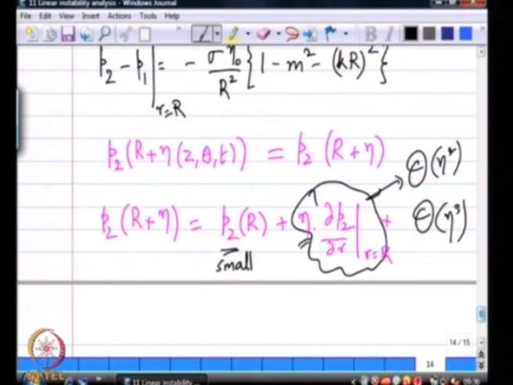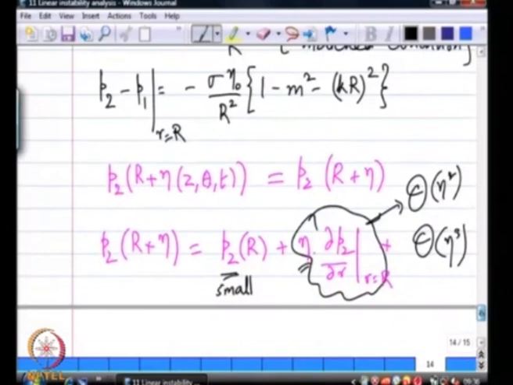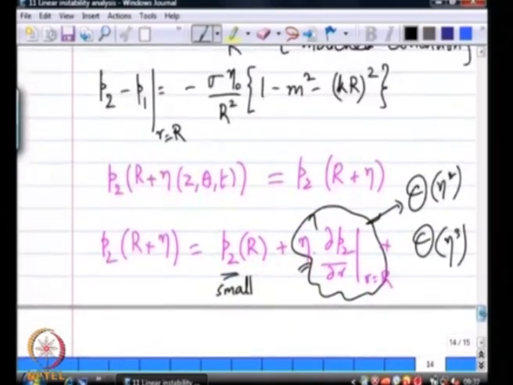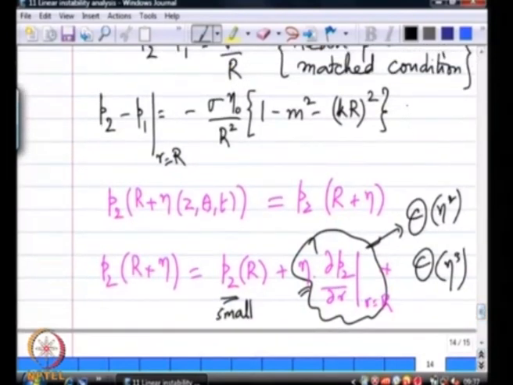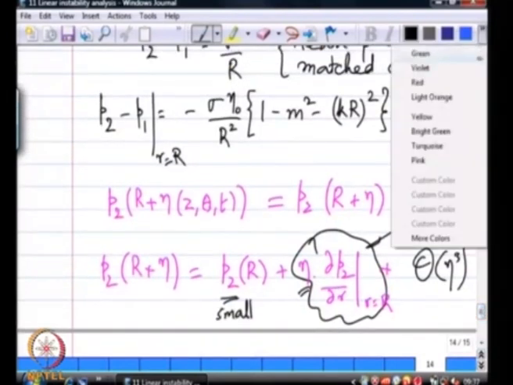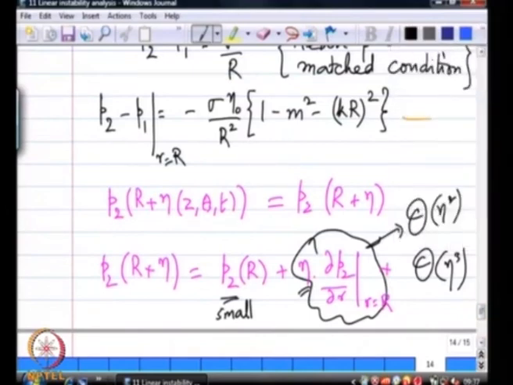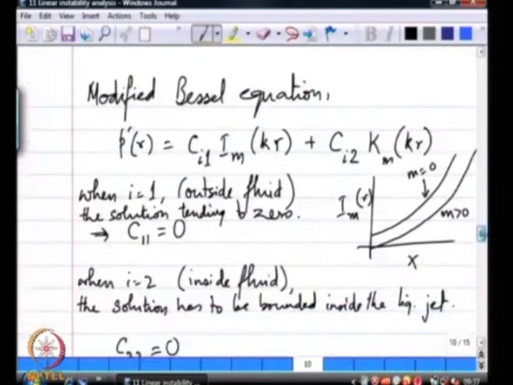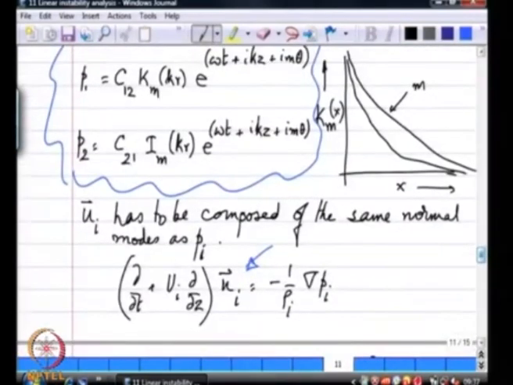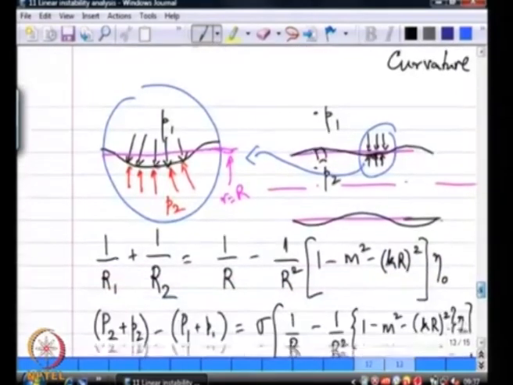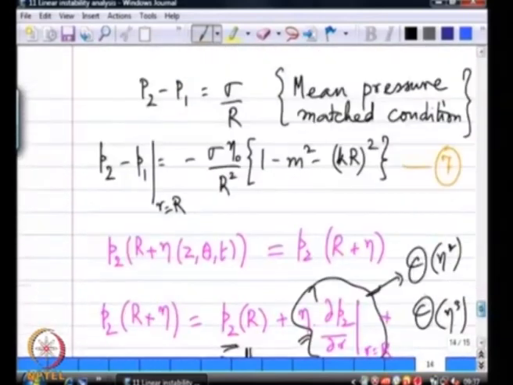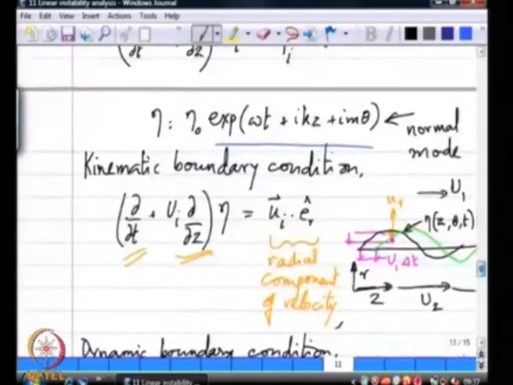I do not want to go into the details of it, we will probably take that up as a homework problem later on, but we now have this pressure matched condition, we will call this equation 6. This is 7.